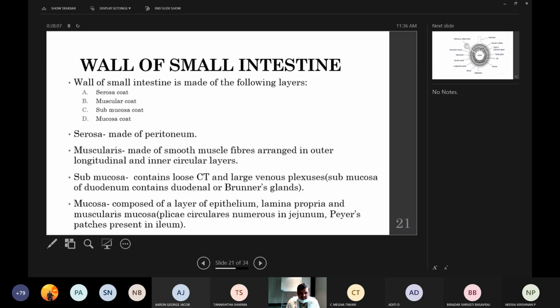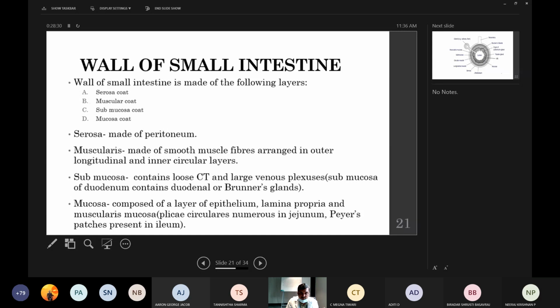Muscularis is the second layer. Muscularis is formed by smooth muscle fibers arranged in outer longitudinal and inner circular layers. That is the second layer of the wall. These are the 4 basic layers, starting from the esophagus till the anal canal.